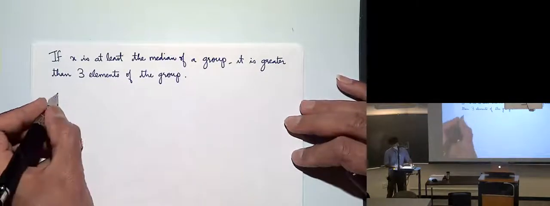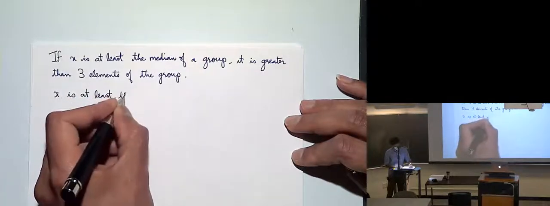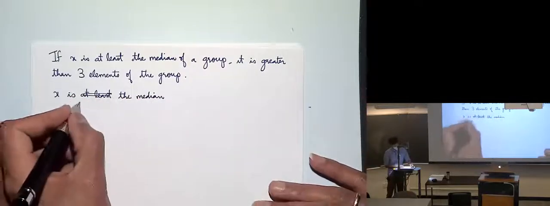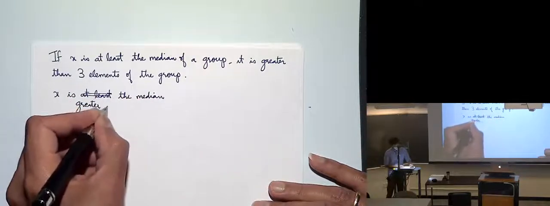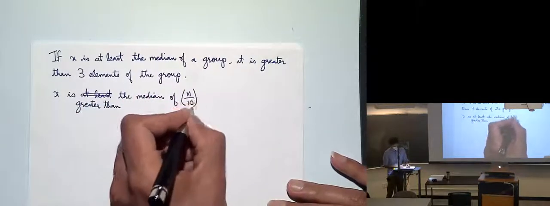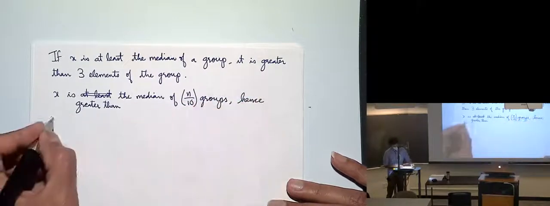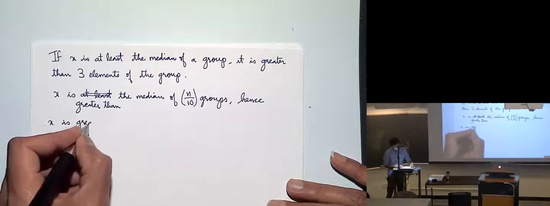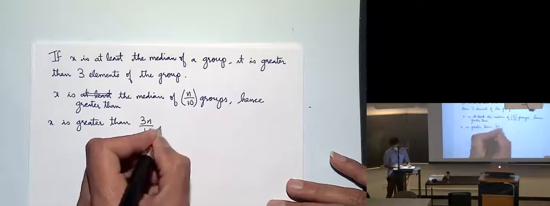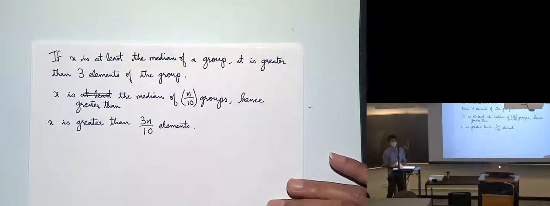So x is at least the median, I'll say is greater than the median of n over 10 groups. Hence, x is greater than 3n over 10 elements. Okay?